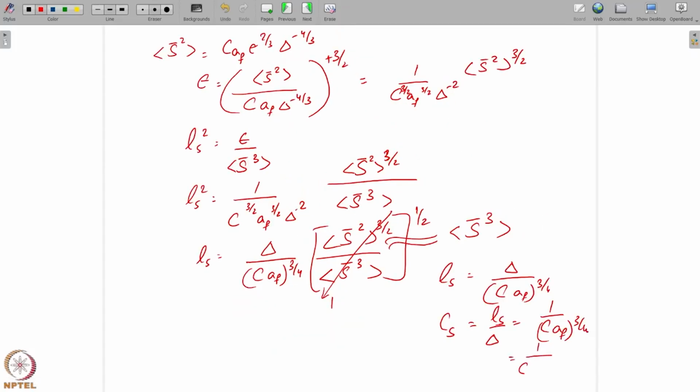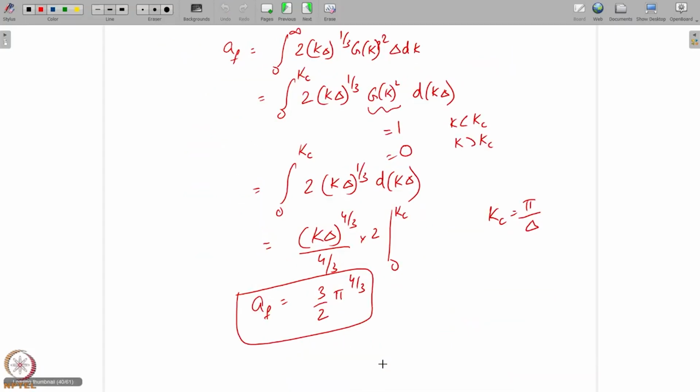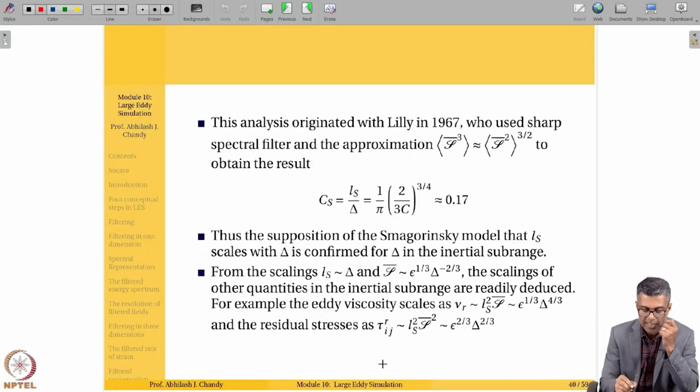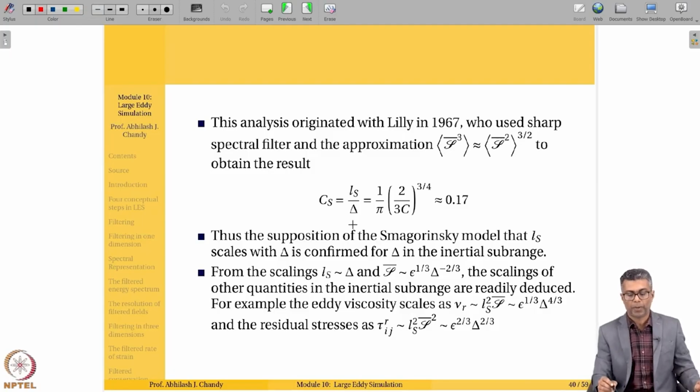So that would be 1 over C times 3/2 pi to the 4/3, all to the 3/4, and then I would have a 1 over pi. So essentially I'm getting 2 over 3C to the 3/4 times 1 over pi. That's what I end up getting. Look at this. So CS is LS over delta, which is 1 over pi, 2 over 3C to the 3/4.